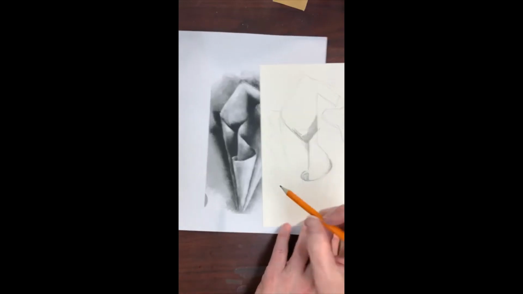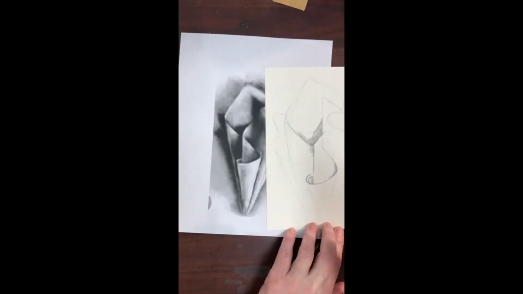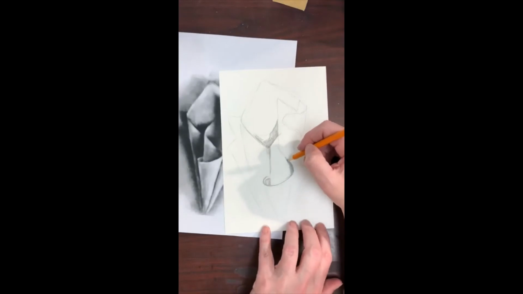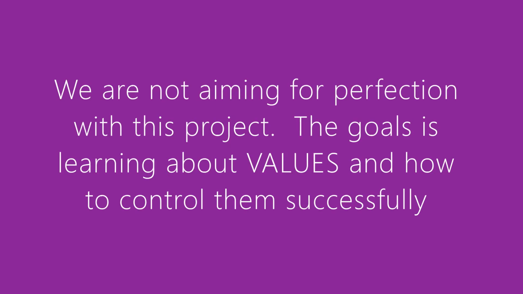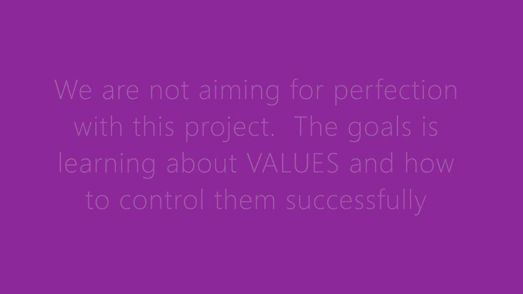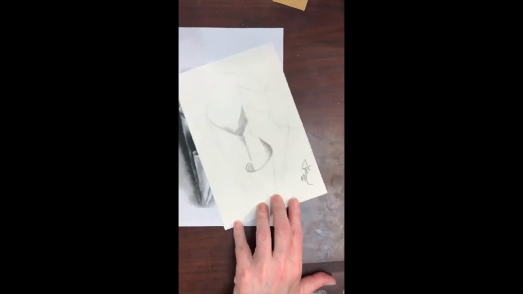Now, where it is black, it must be black. So you need to make sure that you're layering on the values. We're not layering colors yet, we will get there. But I don't want to see anybody doing this, okay?